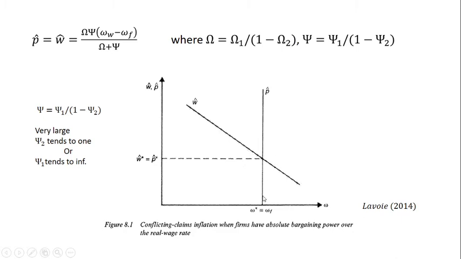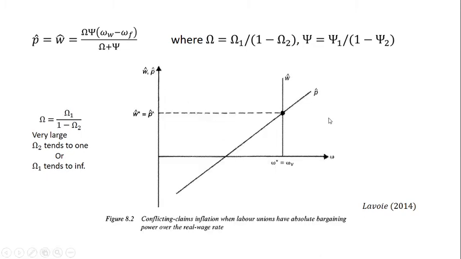And when firms have absolute bargaining power, it doesn't really matter where this wage-setting curve moves. That is ultimately up to the firms, how much they pay in wages, and therefore how they set their prices. Likewise, we could have a situation where labor unions have absolute bargaining power. But this, again, is a special case.